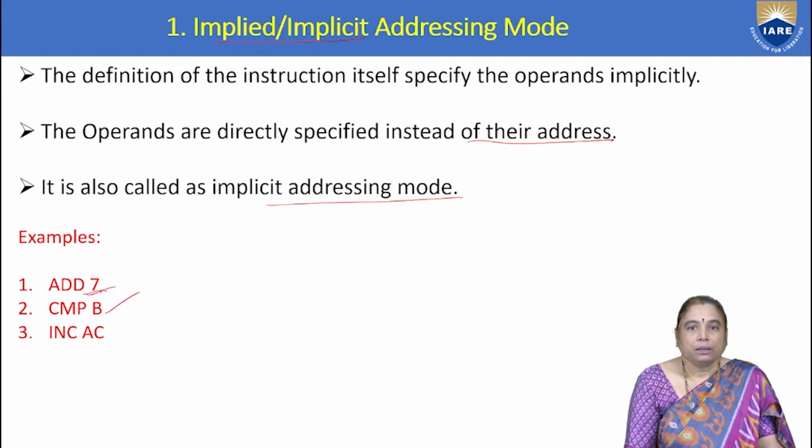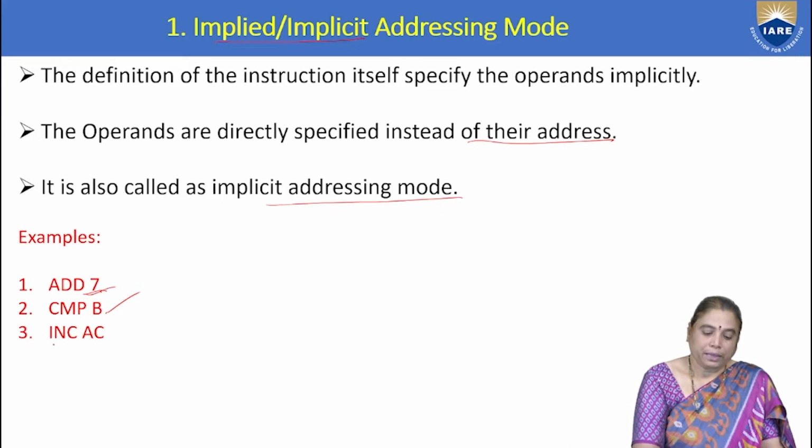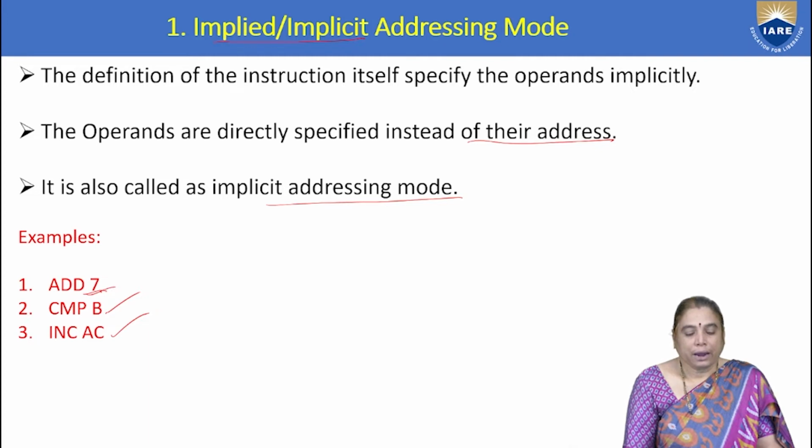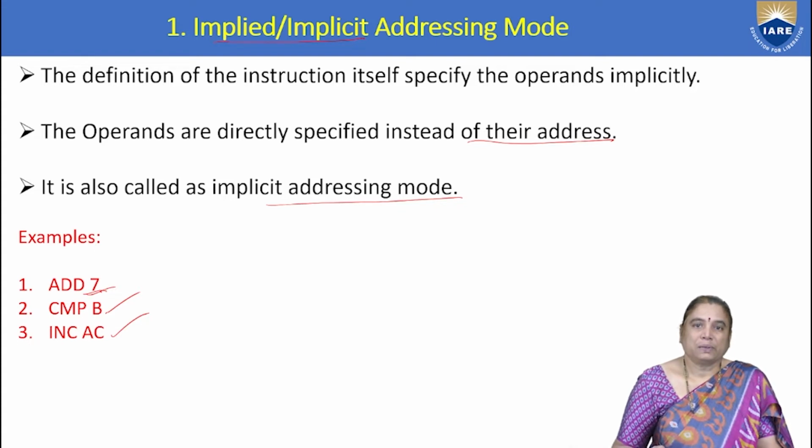Here the register value is incremented by 1 with the help of INC. So with INC AC, the accumulator value is incremented by 1 to the existing accumulator value. So in this type of addressing mode, the data is directly specified along with the instruction.